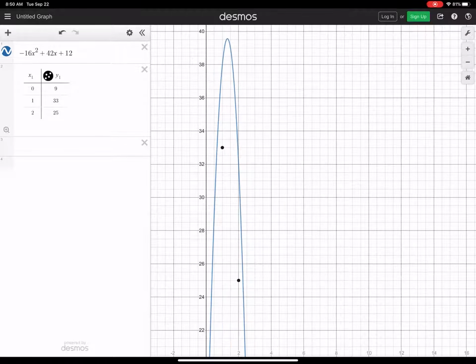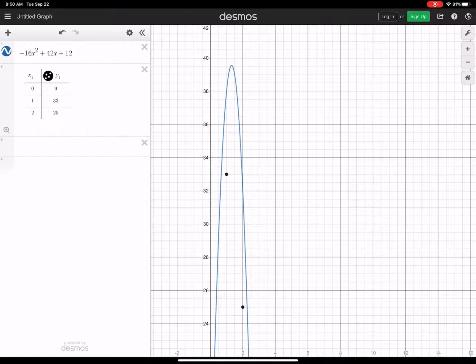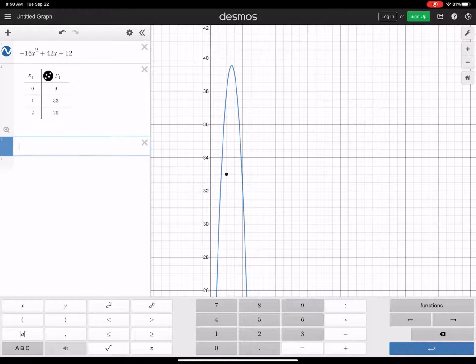Now, we have to compare heights of these parabolas. You cannot just compare the dot to the parabola. So we have to do that equation that we just did in the previous lesson, whether you were in class with me or in the video. So I've got to do that equation.